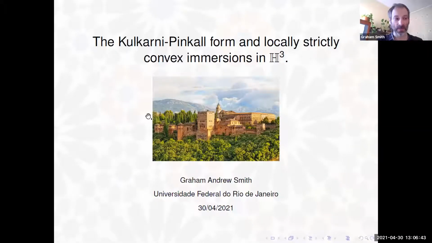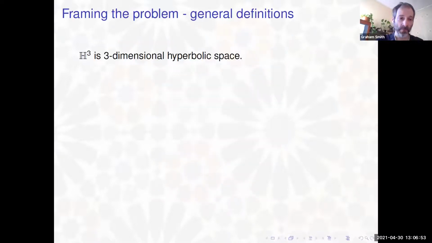As Antonio said, I'm going to be talking about the Kulkarni-Pinkall form and locally strictly convex immersions in three-dimensional hyperbolic space. Before I start, there are a lot of geometric definitions that have to be made in order to correctly frame the problem. Since I don't know everybody's background, I'll just quickly go through all the geometric definitions.